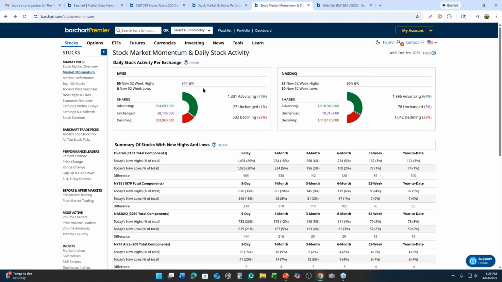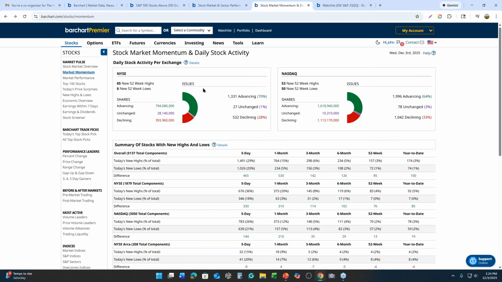Now, on any given day, what you're going to see is the market's going to range somewhere between 45 and 55 between the advancing and declines, or 40, 60, something like that. When we get above, let's say 70, 80, or even 90, that could be a very strong indication of breadth, either advancing or declining.